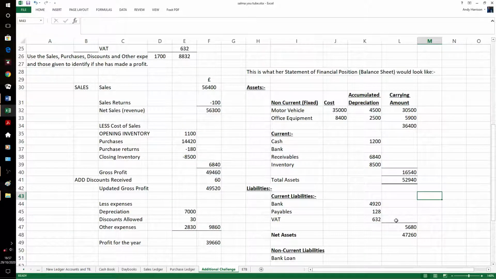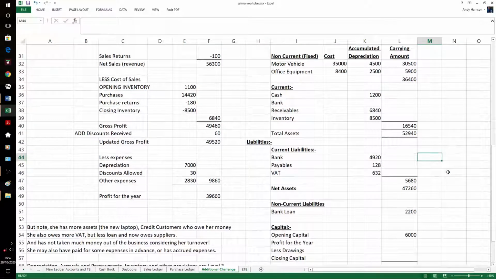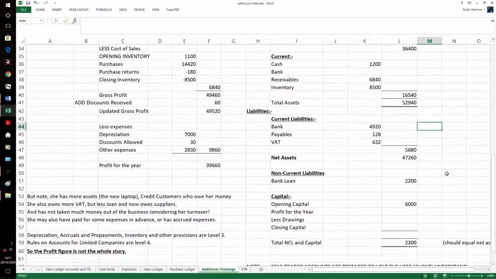So our net assets, which is this figure plus, well, the total assets minus the current liabilities, 47,260. Different accountants do these slightly different ways. You may see a net current assets minus current liabilities figure. That's useful information. If it's useful, do it. So the bank loan now is 2,200, and therefore we can work out the rest of the figures.